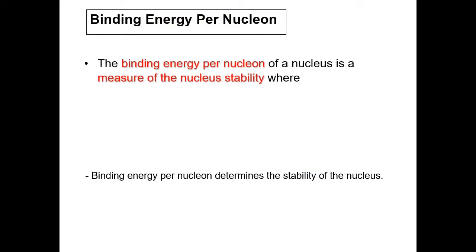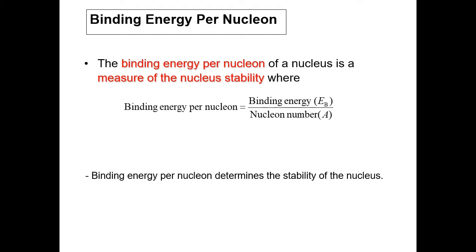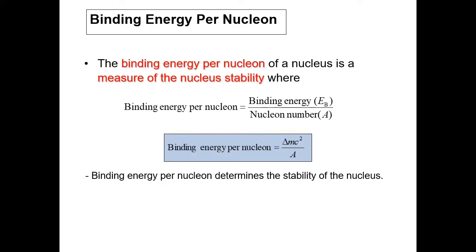Binding energy per nucleon of a nucleus is equal to EB over A, where A stands for nucleon number. So you can also write, regarding the binding energy, delta m c squared divided by A. Binding energy per nucleon determines the stability of the nucleus.